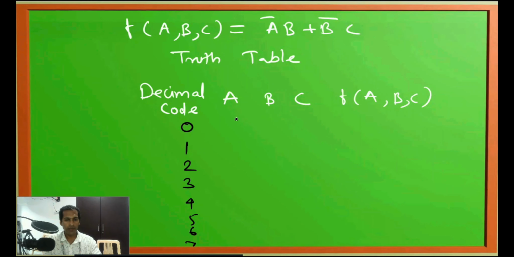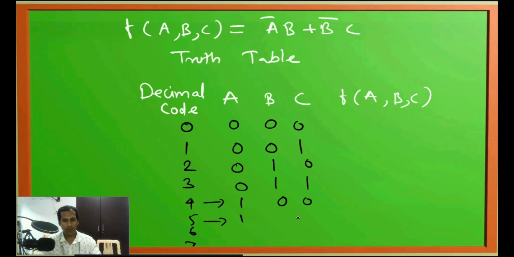So all possible three inputs, how we list out? 0, 0, 0, then 0, 0, 1, 0, 1, 0, 0, 1, 1, then 1, 0, 0, and 1, 0, 1, then 1, 1, 0, then 1, 1, 1.